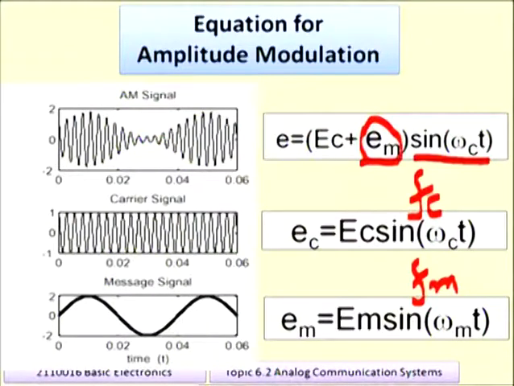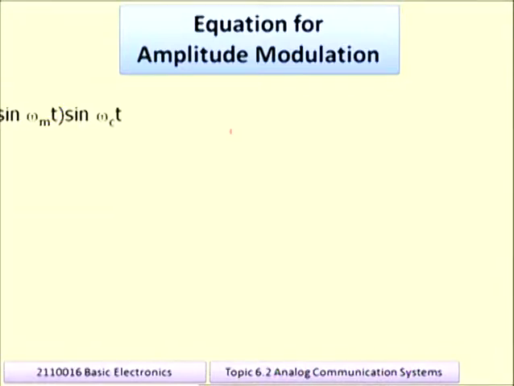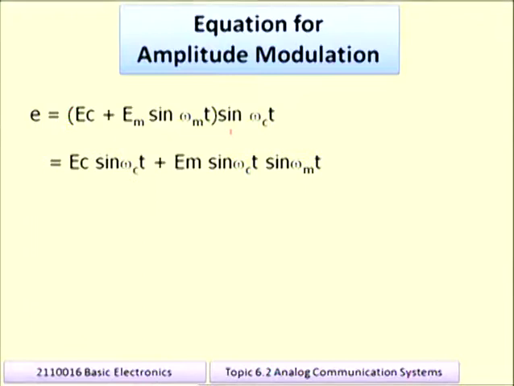Because of that, we get variation in the amplitude. You can see that the amplitude varies with respect to the instantaneous amplitude of the information signal. Further, if we do the mathematical analysis of this equation, you can expand it further.